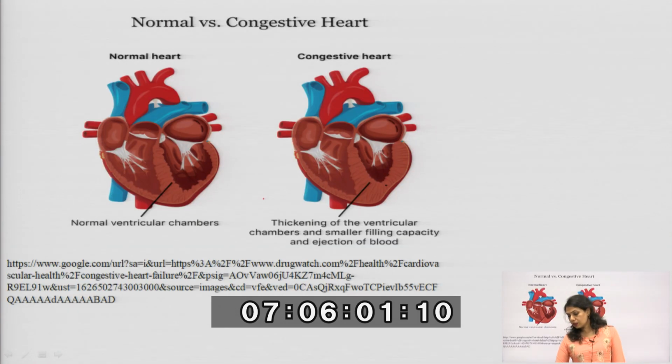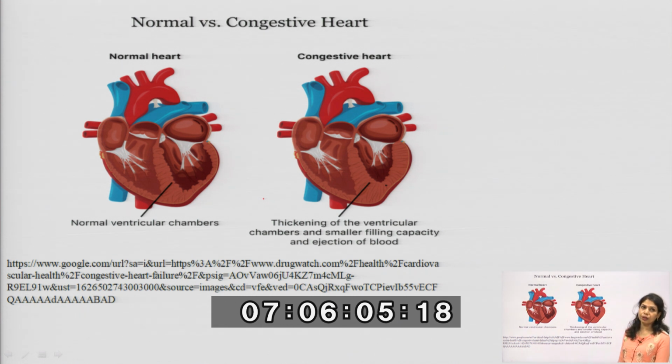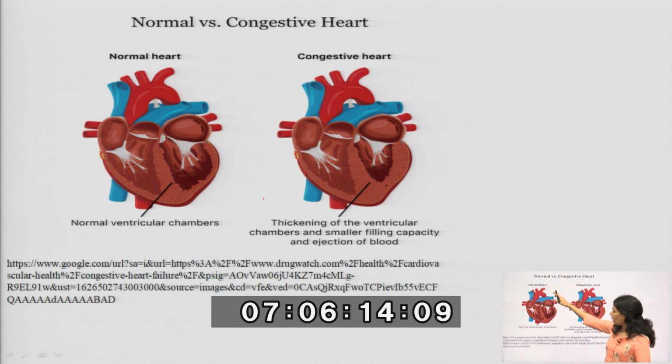Next, a little diagram is shown here to show you how the normal and the congestive heart anatomy look. In the normal heart, these are the normal ventricular chambers.